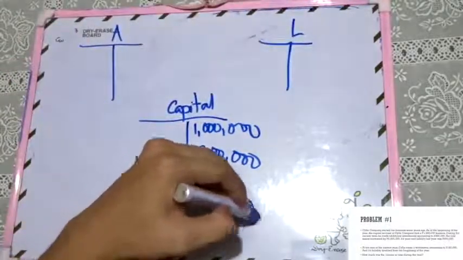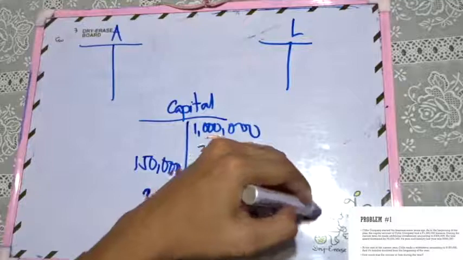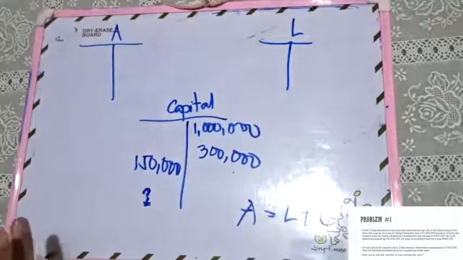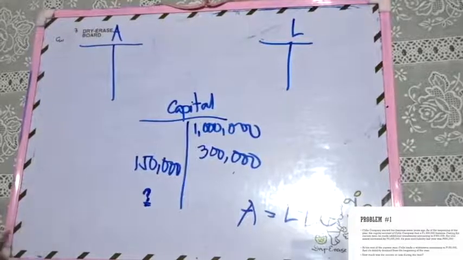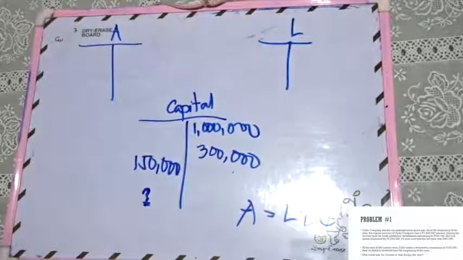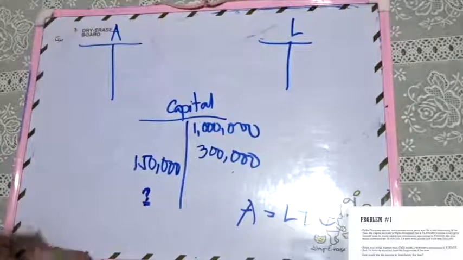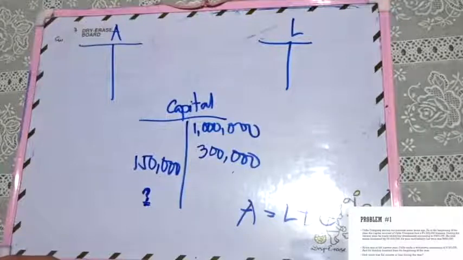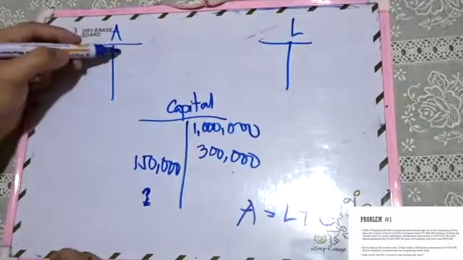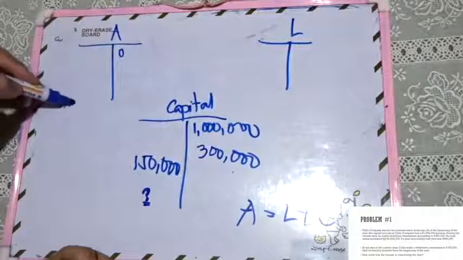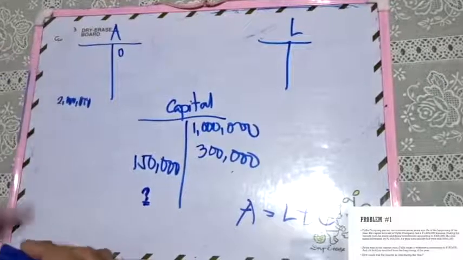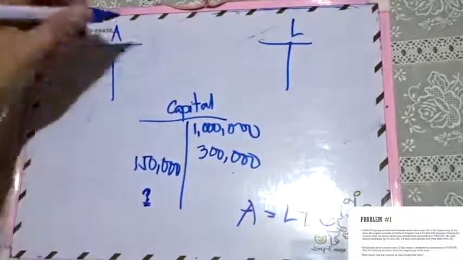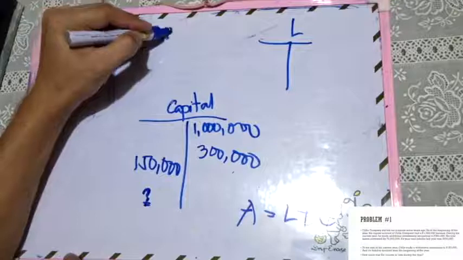So remember the accounting equation: asset is equal to liabilities plus capital. For total asset, the only information mentioned was that there was an increase of 2 million.